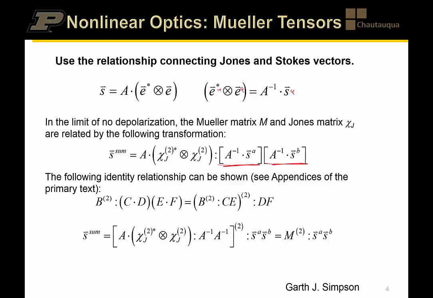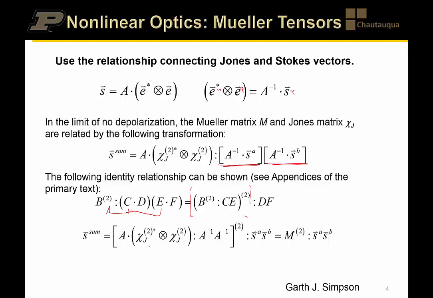And now we're again seeking yet another identity relationship, hopefully from our toolkit. In this case, the identity relationship allows us to fold the C and E into a new tensor that incorporates those as well. That's just this identity relationship saying that we now have a new chi2 tensor that was the old one multiplied by these pre-factors in front of the S, in this case, the A inverse matrices.